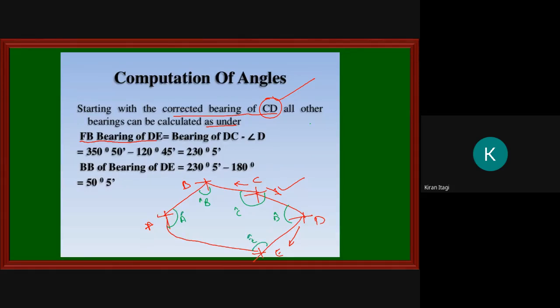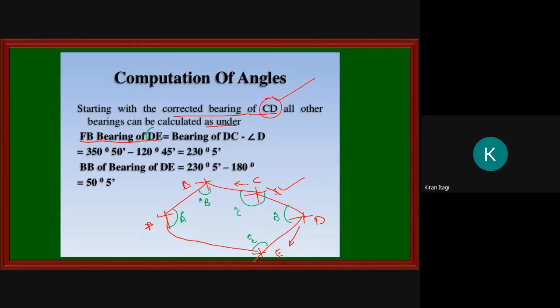Initially, with the help of the fore bearing and back bearing, you were calculating the angles, that is angle A, angle B, angle C, etc. Now with the help of one bearing, either fore bearing, and one angle, you are calculating the unknown thing, that is the back bearing. The same procedure we are following here.